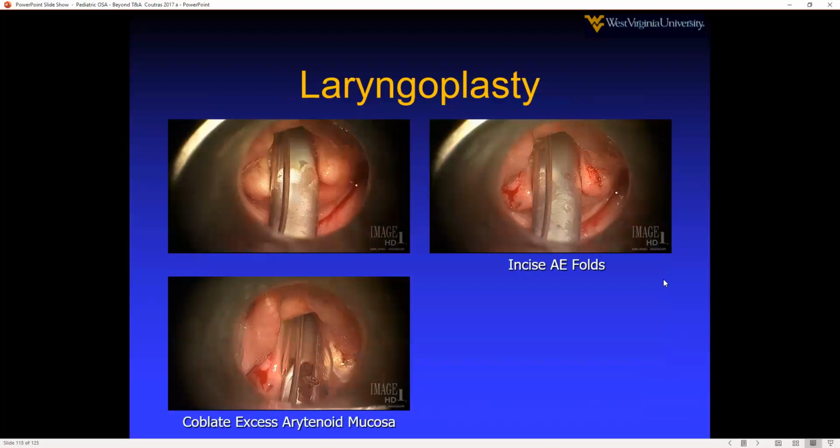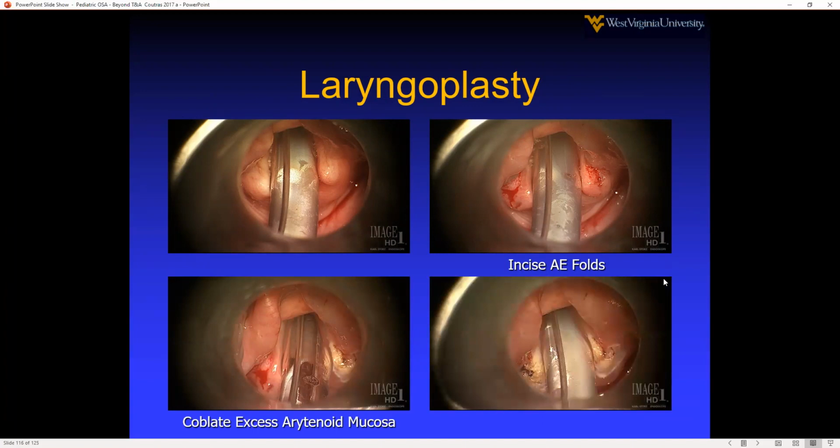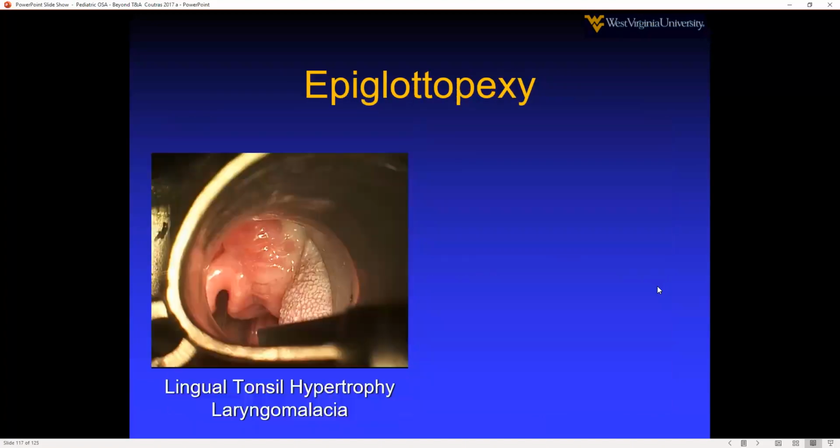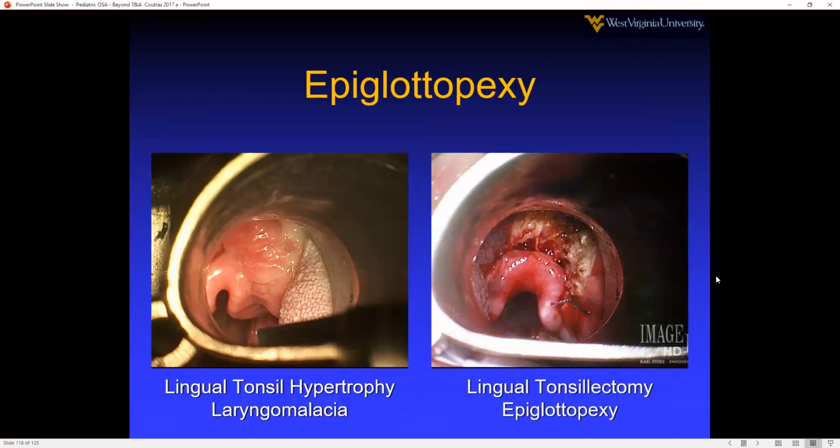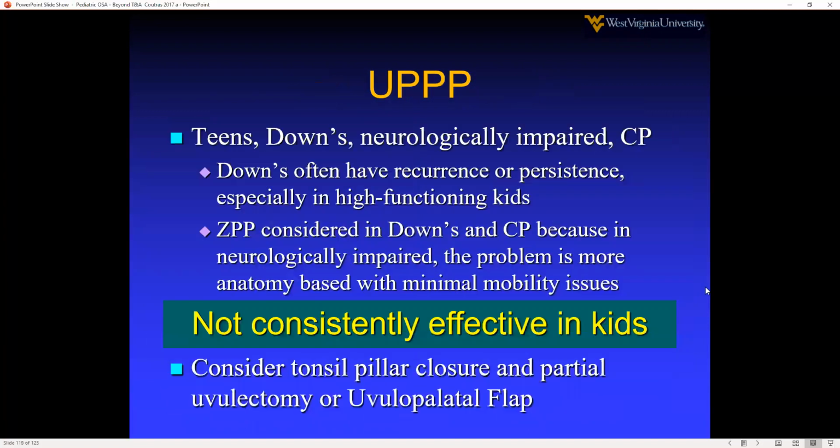And coblating the excess arytenoid tissue. Dr. Carr, I'm sure, does it a little bit different. I sometimes incise it with microlaryngeal scissors, lingual tonsil hypertrophy, and then post-ablation. And there's a little suture knot in there with the epiglottopexy.